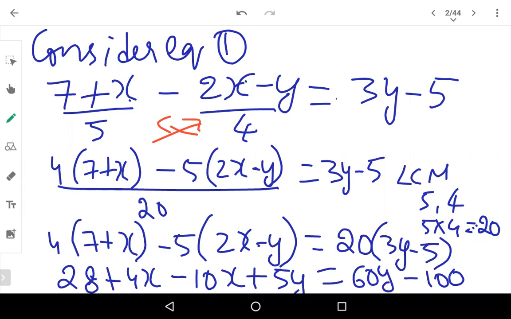Okay, now next step, we can get all of this right hand side expression to the left hand side.